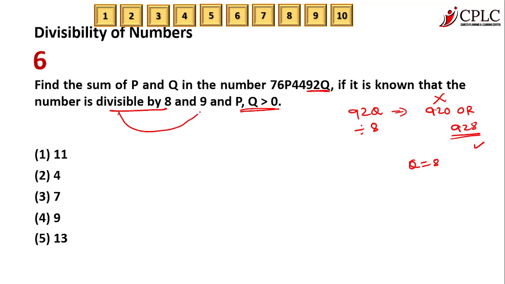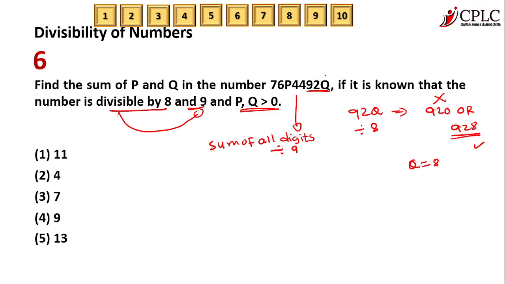Now they also said that the number is divisible by 9. What is the divisibility of 9? We have to add all the digits, and that should be divisible by 9. So let's add all the digits. 7 plus 3 is 10, 10 plus 3, 13. 13 plus P, I will keep it aside, we'll do it later. 13 plus 4 is 17. 17 plus 4 is 21. 21 plus 9 is 30. 30 plus 2 is 32.